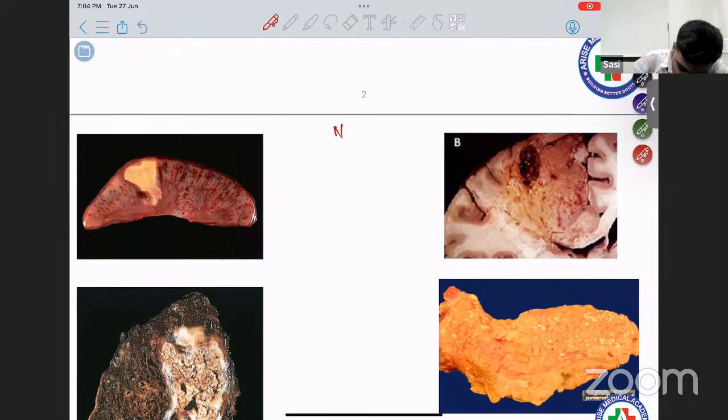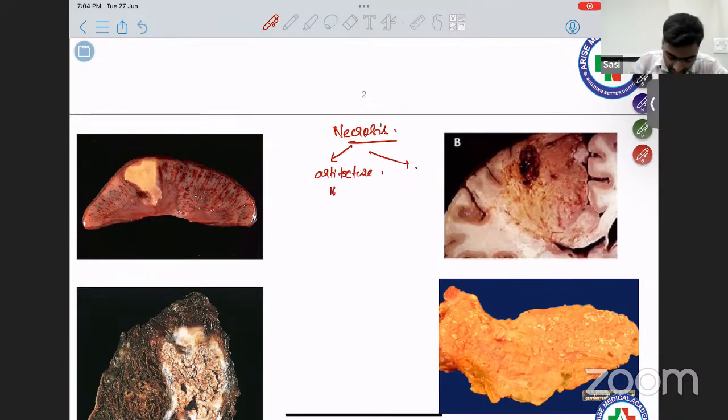If you see about this necrosis, we need to differentiate between these 2 necrosis. If there is a normal architecture, if there is a necrosis where the normal architecture is maintained, it is known as the coagulative necrosis.